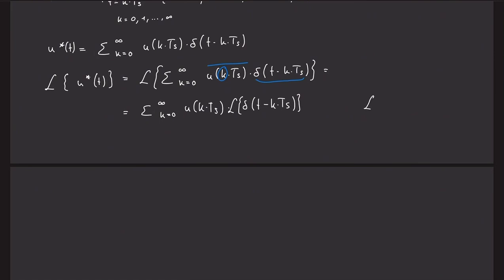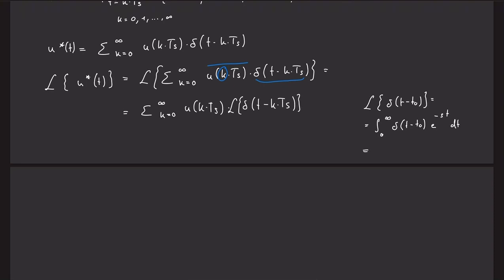So the Laplace transform of the Dirac delta function would be defined as, we integrate from 0 to infinity, we plug in our function that we want to transform, and we integrate over our time domain.